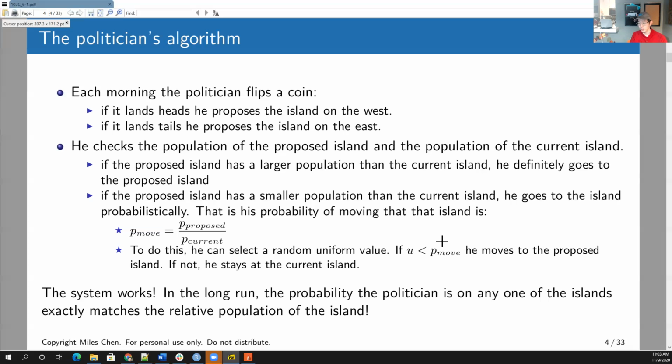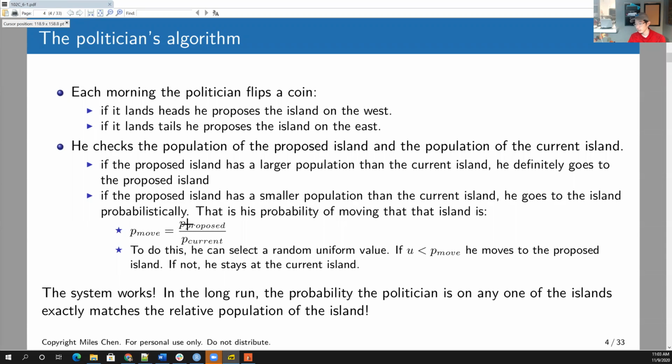If the proposed island has a smaller population than the current island, then he goes there probabilistically. His probability of moving is P move, which is the proposed probability divided by the current probability.